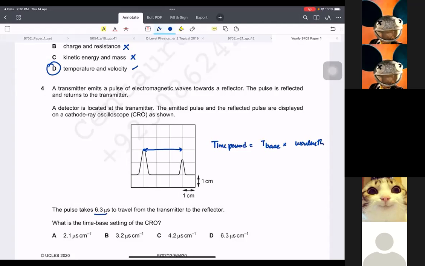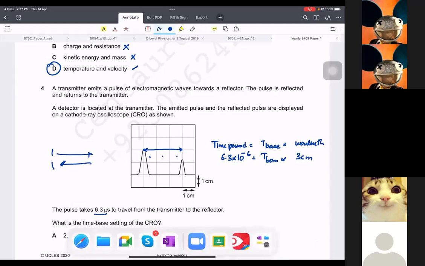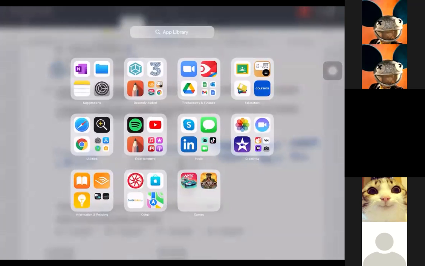So the time period is 6.3 times 10 raised to power minus 6. So it goes and then it comes back, so detected once and twice. Time base we've got to find, and the wavelength is 3 centimeters. Okay, so let's try to do it.